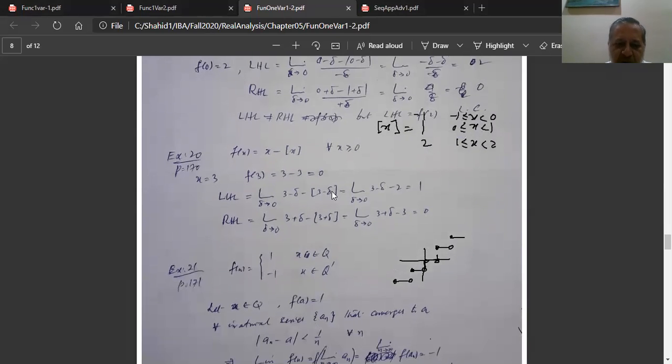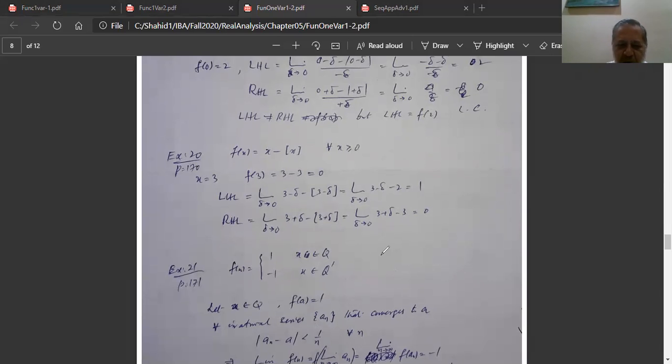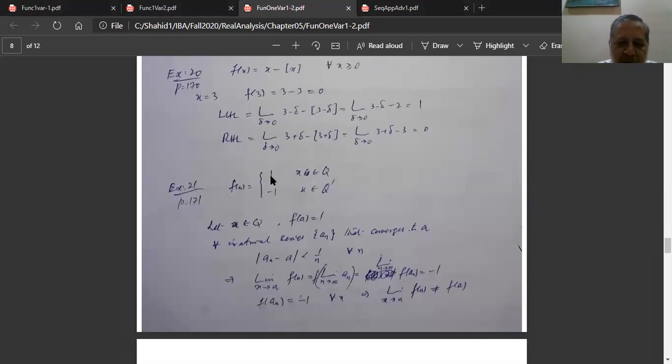So in this way, हाँ, ये जो अगली एग्जाम्पल आ रही है, that is an interesting example, the Dirichlet function, as it is known. Now this function is defined for all real numbers.